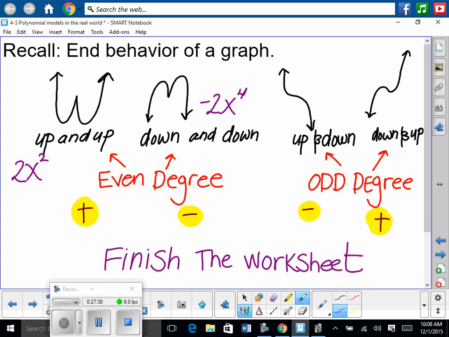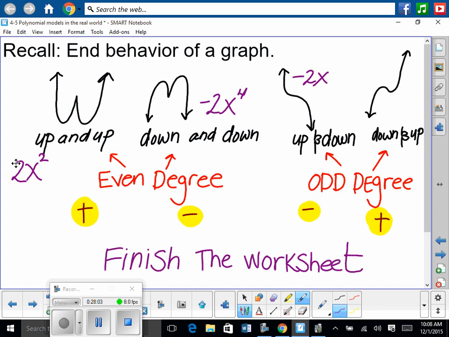Then, if it is an odd degree, it has opposite end behavior, either up and down or down and up. These work the same way as a line. Picture a negative line, like negative 2x. Isn't that a line? That would have up and down behavior because it's going down.